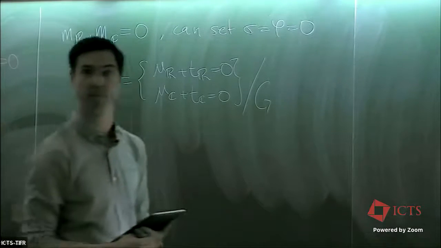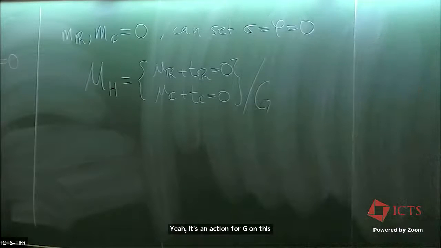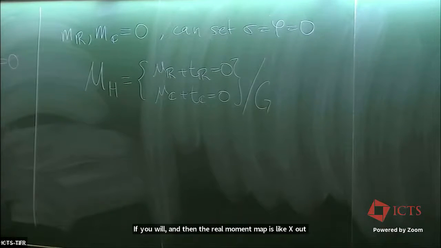Yeah, it's an action of G on this cotangent type representation space. So the complex moment map kind of looks like X with Y outer product, if you will. And then the real moment map is like X outer product X bar and Y outer product Y bar.